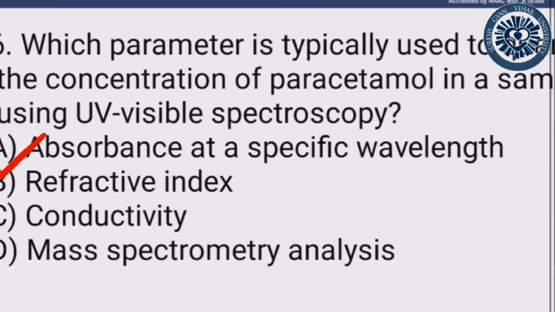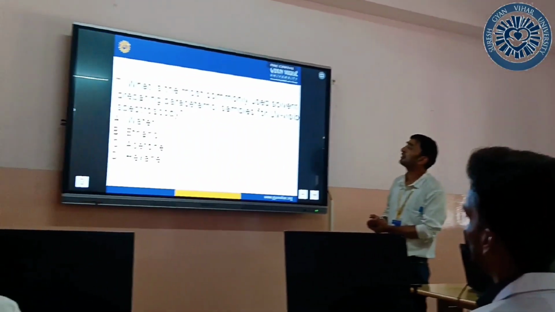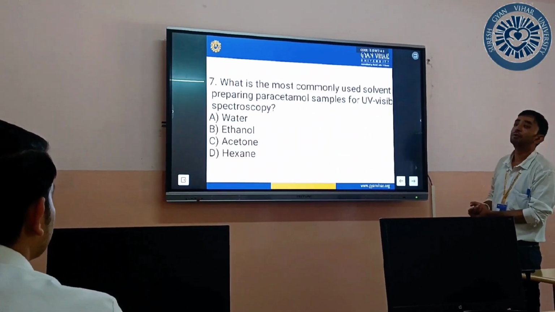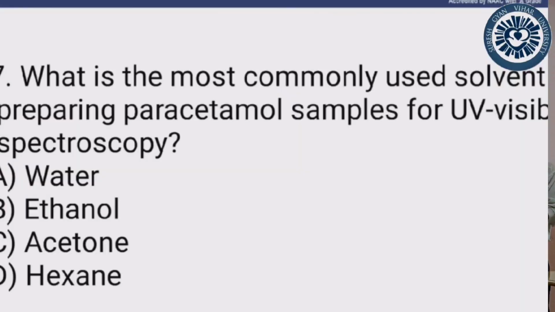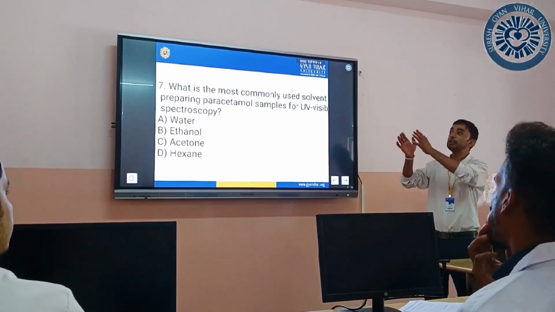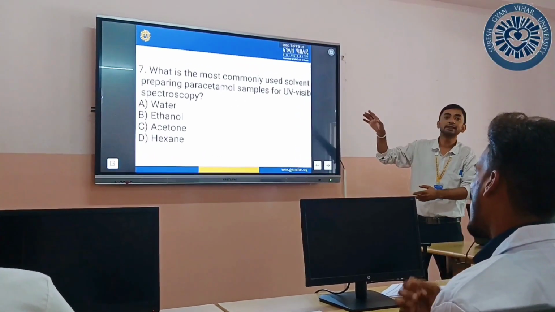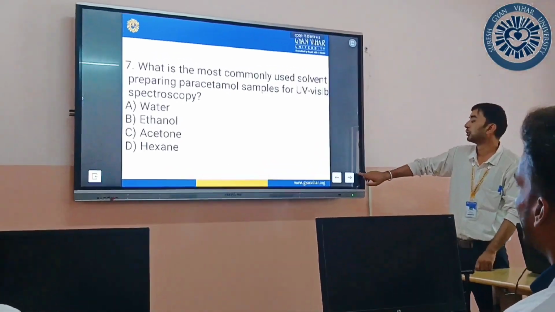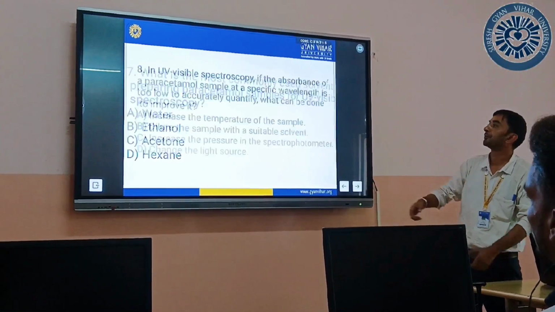First one, A is the right answer. What is the most commonly used solvent when we prepare paracetamol sample in UV visible? Paracetamol is not soluble in water, so the best solvent is ethanol to prepare paracetamol solution.